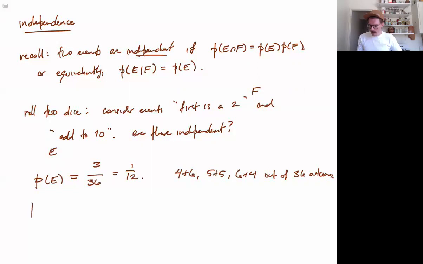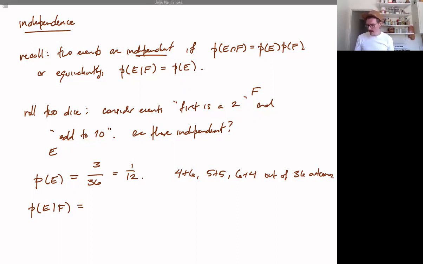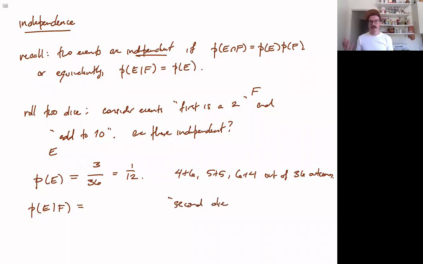Now, what is the probability of E given F? So this is saying if we know the first die roll is a 2, what is the probability that the 2 dice add to 10? And we can rewrite this as the probability that the second die, which just needs to be whatever it needs to be in order to add to 10, which is an 8 if the first die was a 2.